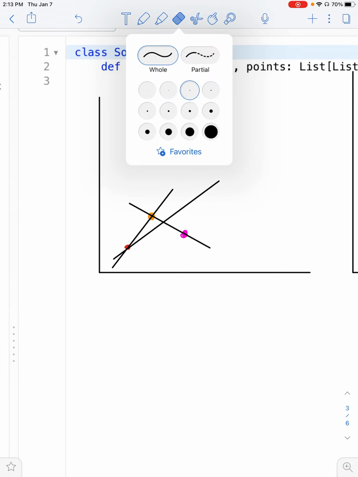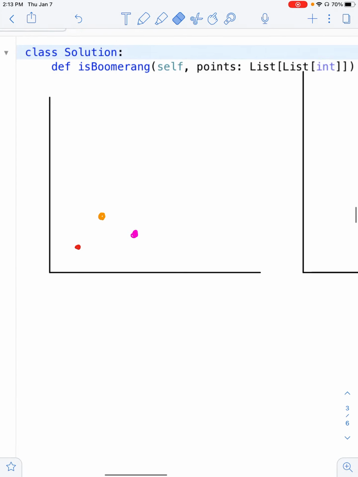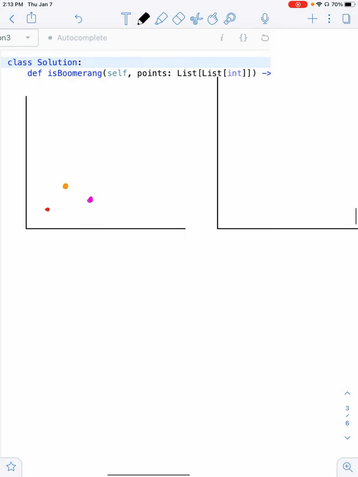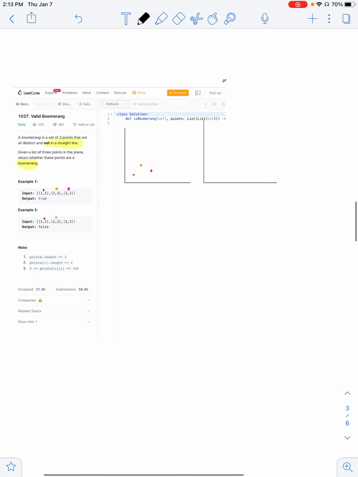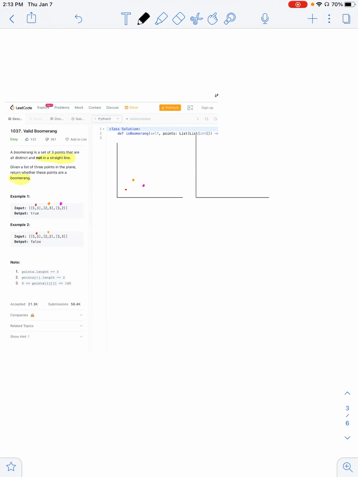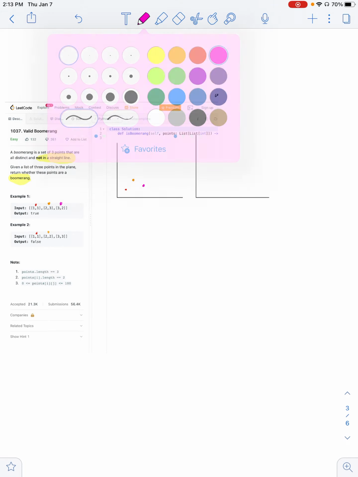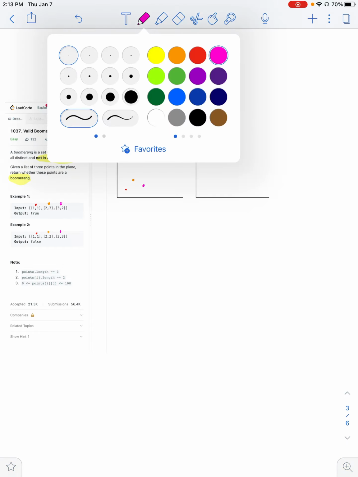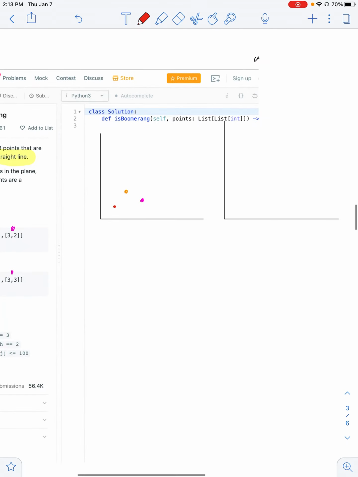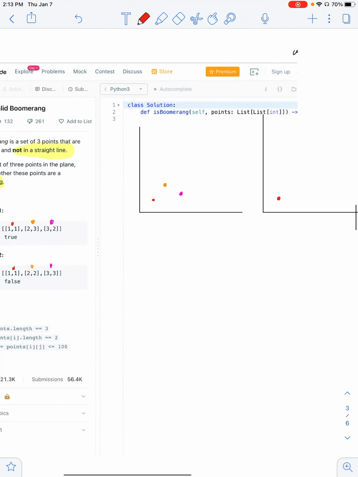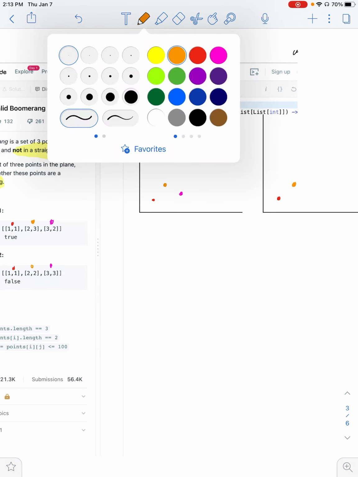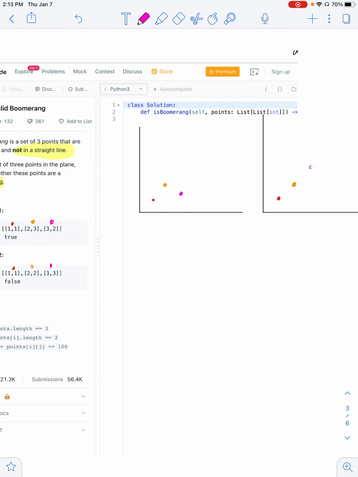And that was too much erasing. Let's do a little bit smaller here. Okay. Versus the second system where we have (1, 1), (2, 2), and (3, 3).